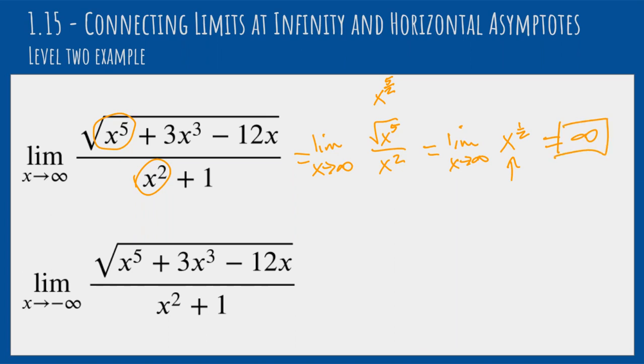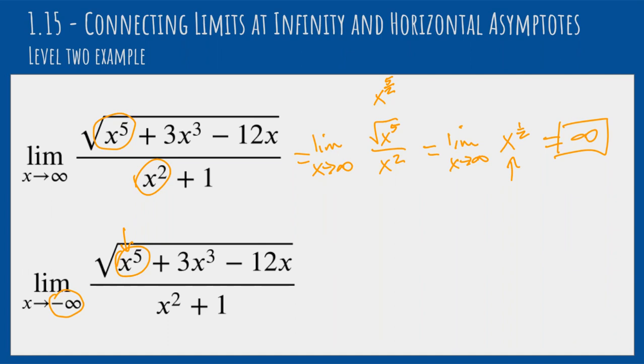The bottom one here is interesting, and we have to be careful about this. Since x is approaching -infinity, we have to think about what happens when we plug in a negative number for x. And there are some negative numbers here that would make this expression positive, maybe. I'm not really sure. But if I plug in a really big negative number in the numerator and it's dominated by that x to the 5th, that's going to be a really big negative number.